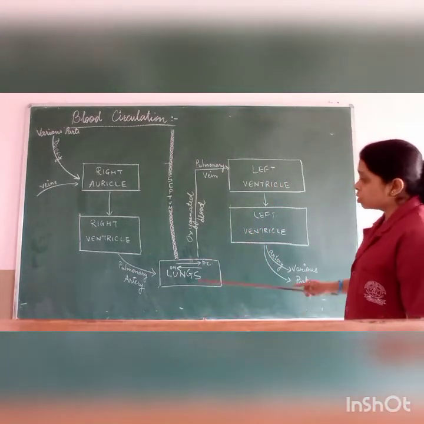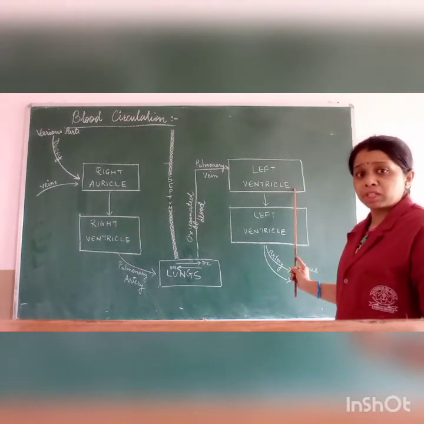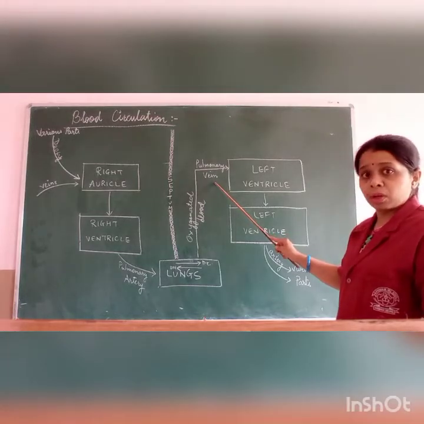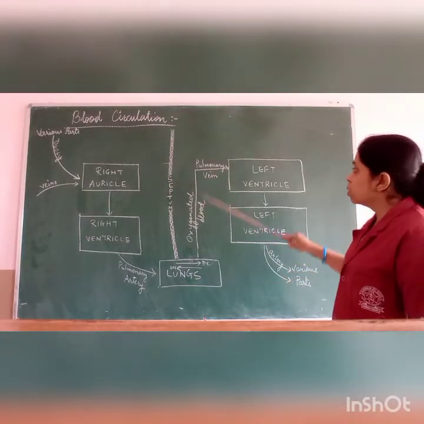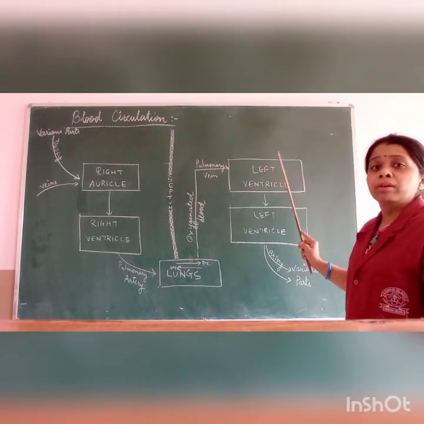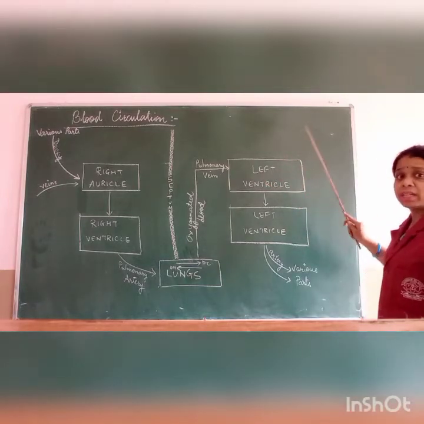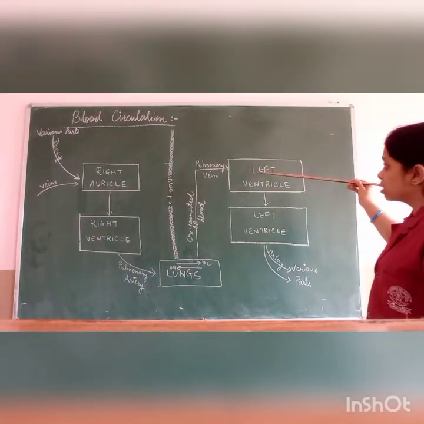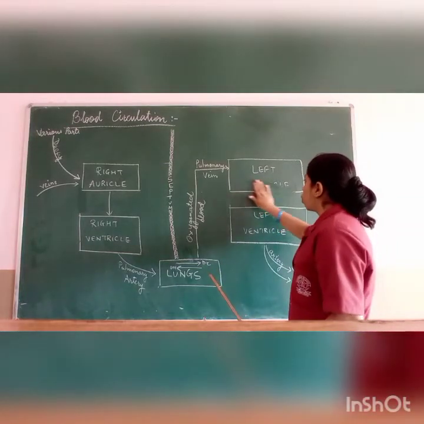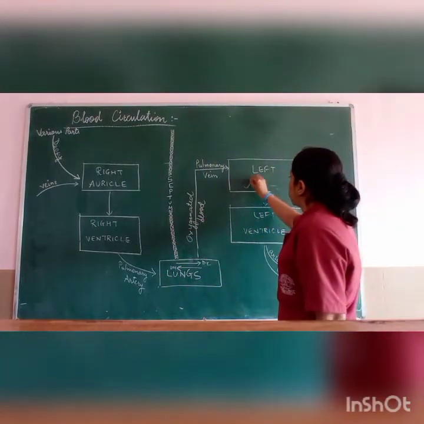And now this oxygenated blood will pass through the pulmonary vein. At the moment when it is sent here, the left auricle will be relaxed. Extremely sorry, this is the left auricle.